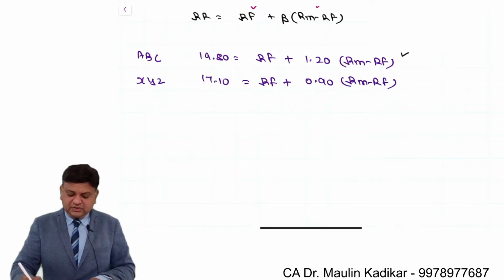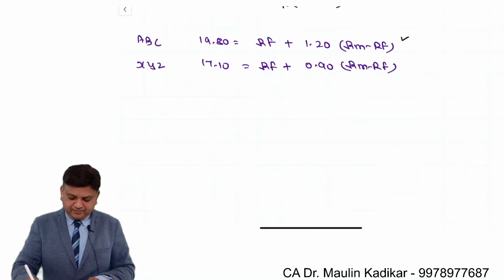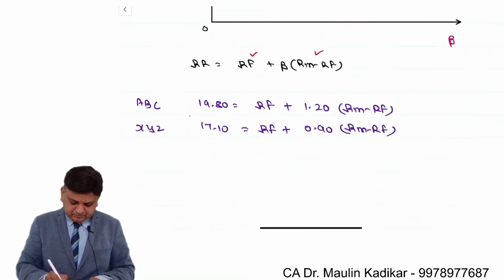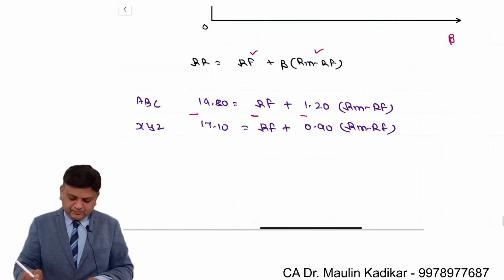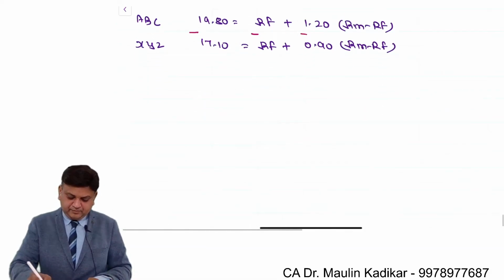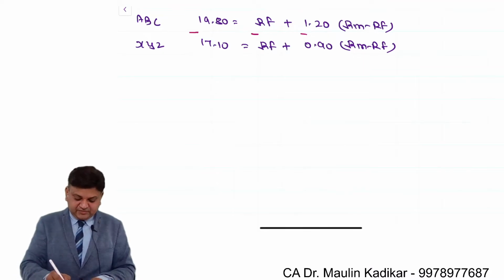So what we will do is deduct this equation from the other. So it is deducted. 19.8 minus 17.1 comes to 2.7.